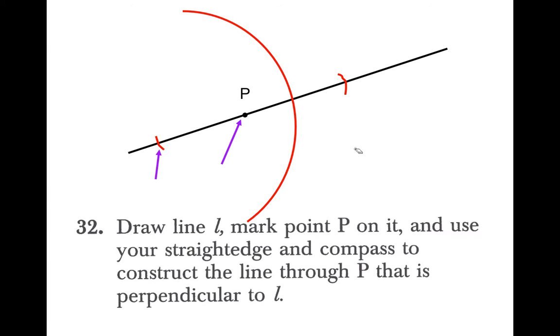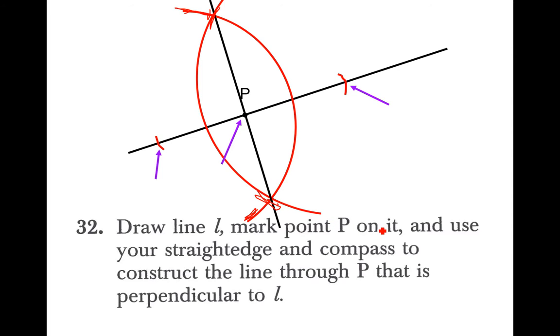Sometimes we only do this much of it, from there to there, and from there to there. Then move your compass over to the other side. Do the same thing again. All you really need is where it intersects the first arc, there and there. And we draw that line, and that's perpendicular. So it's a review of constructing the perpendicular. That'll be on the test.